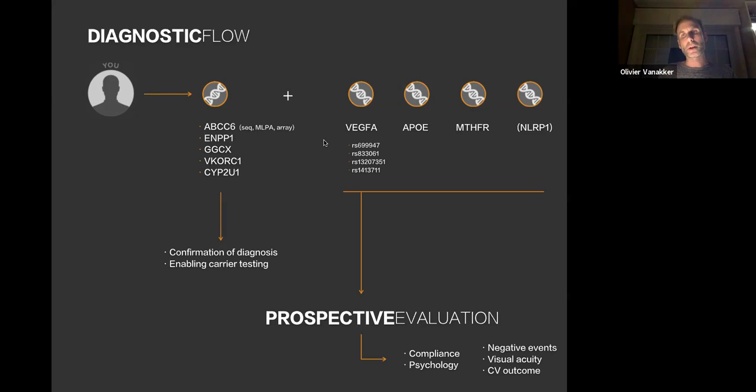And then we also test some modifier genes in one analysis, but this is done mostly on a research basis to allow prospective evaluation of the effect of these modifiers. And for example, we follow the patients who have these VEGF-A variants a bit more closely compared to others to monitor if their eye disease is really more severe and if we have to intervene more.